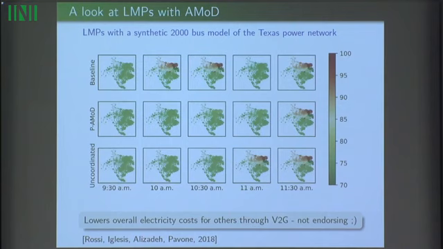The second case shows you what the LMPs would be if the vehicles were smart charging, performing V2G with some battery wear and tear cost, and then their load flexibility was coordinated with the power system operator. We use some form of distributed optimization algorithm to do this. And so what they do is essentially, even though the electricity demand is increasing across Texas, they're removing congestion at various hours.